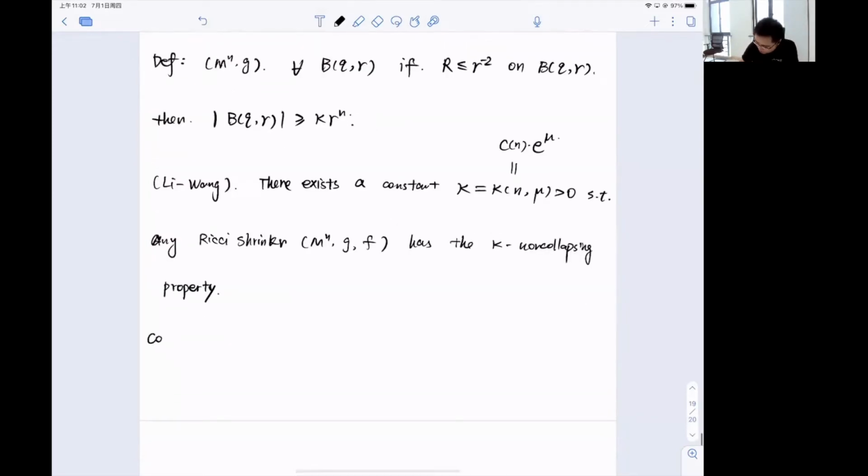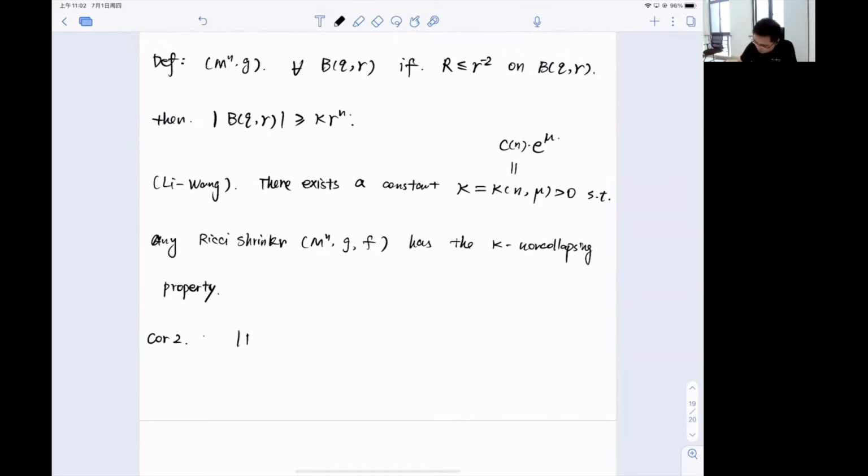Now, let me mention another property which I promised at the beginning of this lecture. That is, now we can estimate the volume lower bound for the unit ball around our base point p.